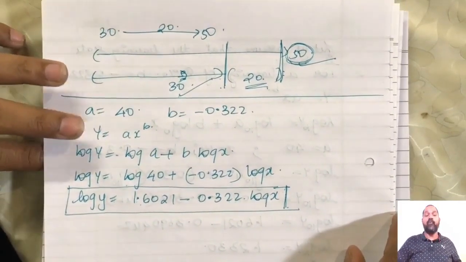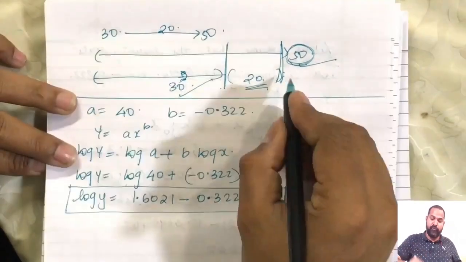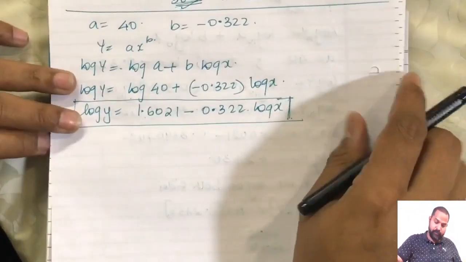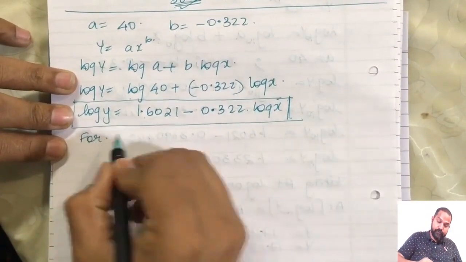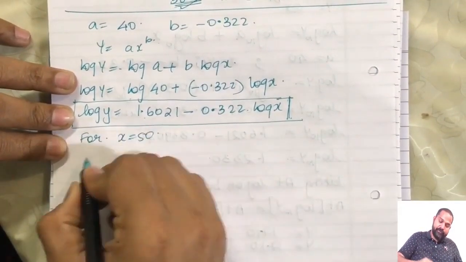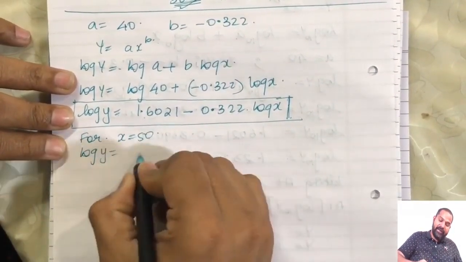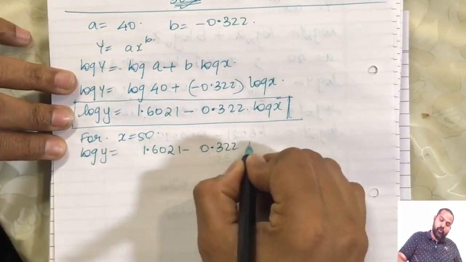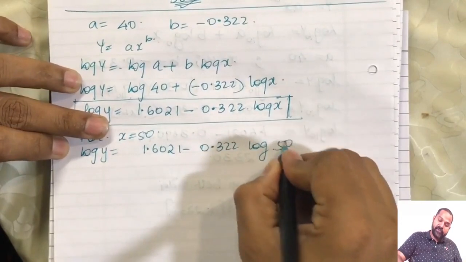What do you want? I want you to find the total time for 50 units and the total time for 30 units. Okay. For x equals 50, log y is 1.6021 minus 0.322 log of 50.